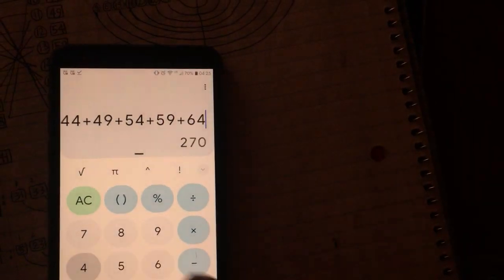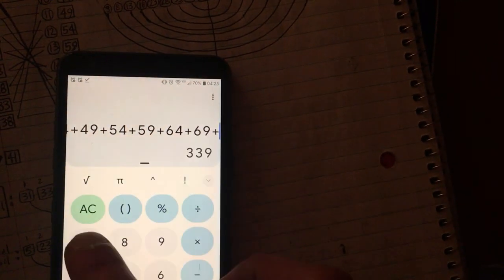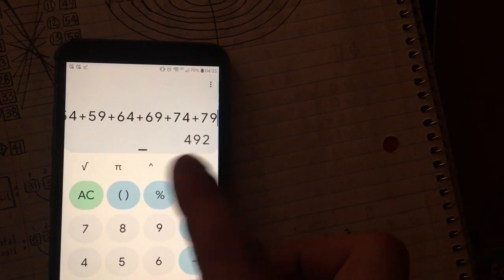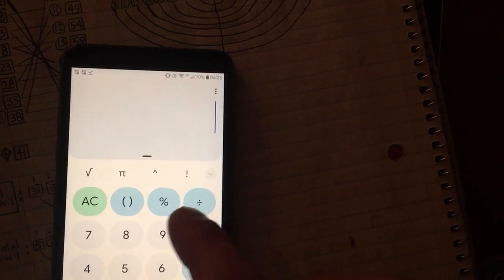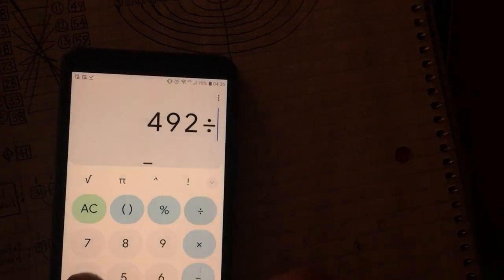So now let's add up these. It begins with 44 plus 49, plus 54, plus 59, plus 64, plus 69, plus 74, plus 79. This gives us 492. 492 divided by 41 is 12.